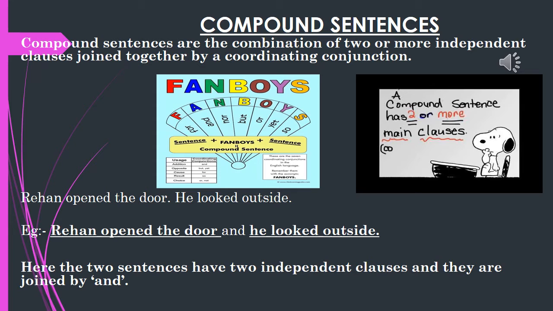Rehan opened the door and he looked outside. So now we joined both the simple sentences using a coordinating conjunction, and so we could make a compound sentence here. And here the two sentences have two independent clauses and they are joined by and.